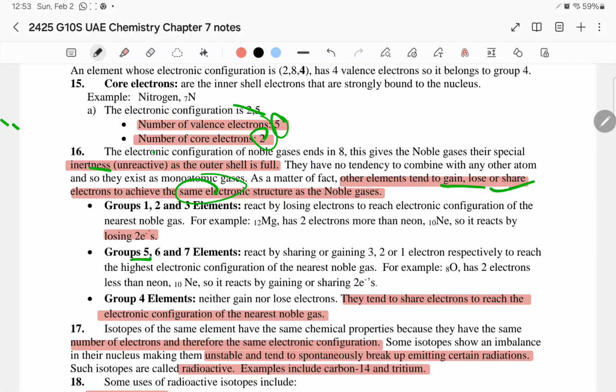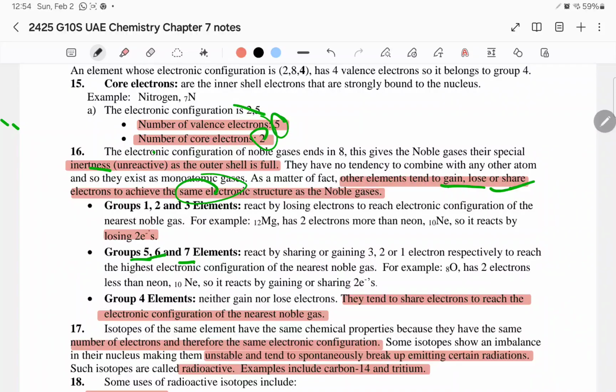Okay? Groups 5, 6, and 7 will gain electrons. Group 5 will gain 3 electrons, group 6 will gain 2, and group 7 will gain 1 electron. So group 5 elements, let's take an example, N 3-, because they gain 3, so they become negative.